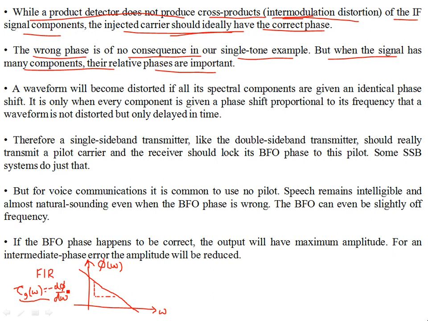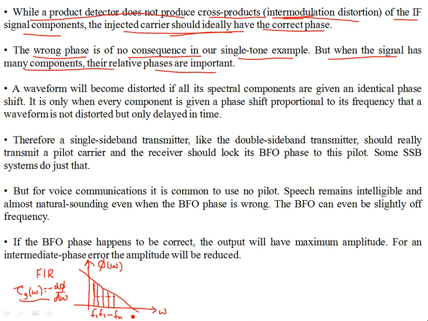If the group delay is constant, you see that this is a straight line, right? And if the gradient is constant, then that means each frequency component is given a phase shift in proportion to its frequency. Let's call these F1, F2, dot dot dot to Fn. So these are a group of frequencies. Now if they start together and if they don't arrive together, then we have phase distortion.